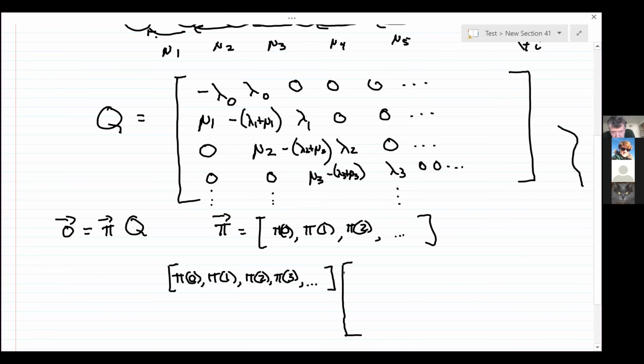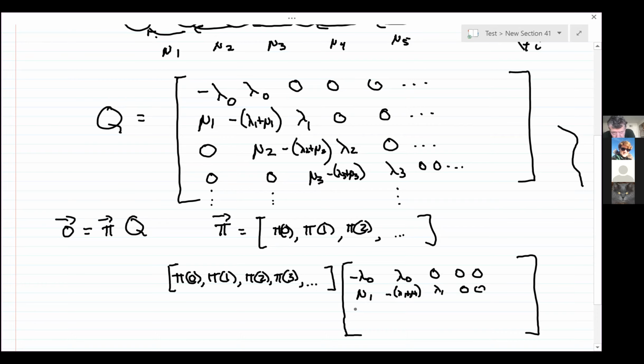The Q matrix has minus lambda 0 here, then mu1. Then it has lambda 0 here, 0 the rest of the way. And it has minus (lambda 1 plus mu1) here, lambda 1 here, and 0 the rest of the way.